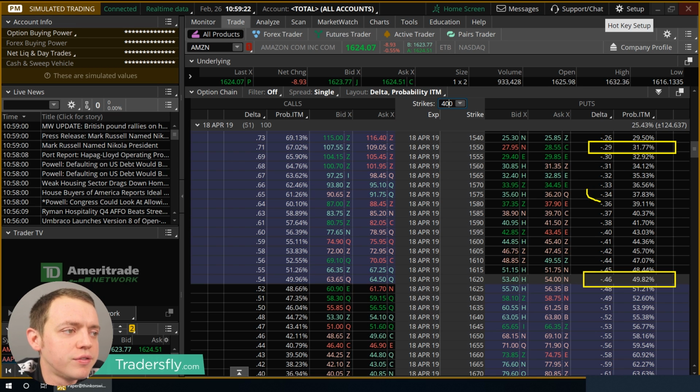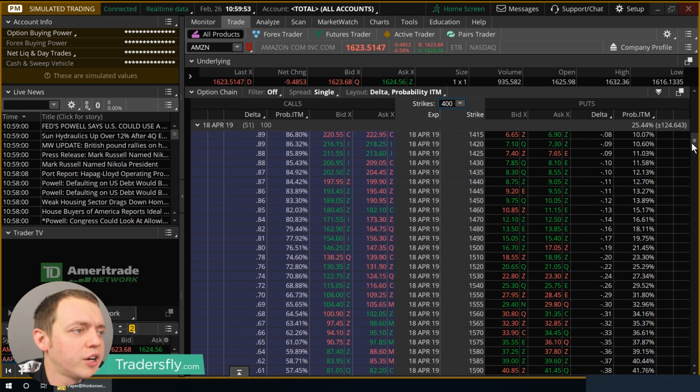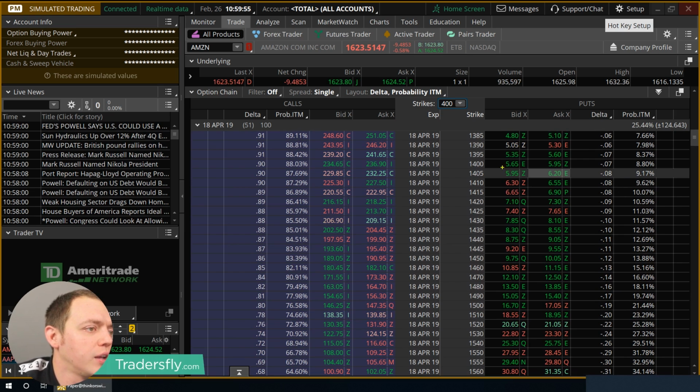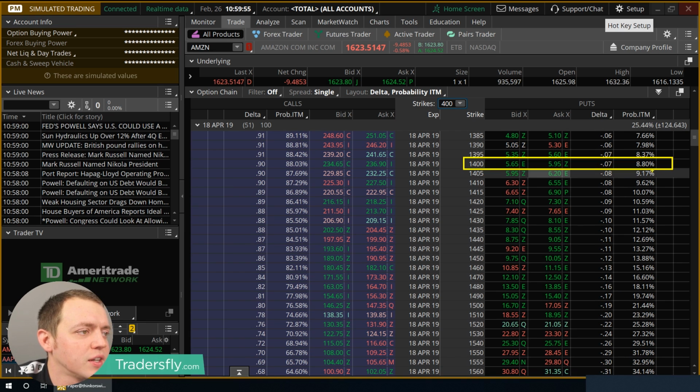And you can see they're all very close, within a couple of tenths of a percentage point. So very, very close if you really look at it. And if you go to the 1400, let's say negative 0.07 delta, is really about 7% probability in the money. But if you look at those percentages exactly, it'll be 8.80 at this exact time.